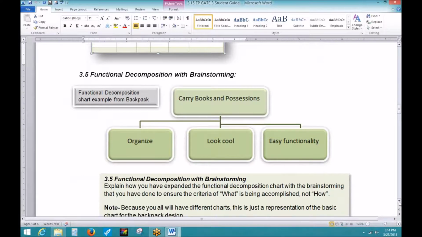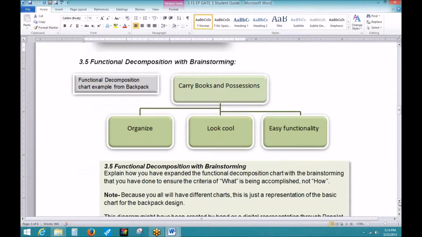Now, we talked a little bit about the functional decomposition earlier. I don't remember whether it was in the workshop or whatever. This is one of the harder pieces of it, really bringing down your specifications into something that can be defined and broken into smaller parts so that it can be tested.